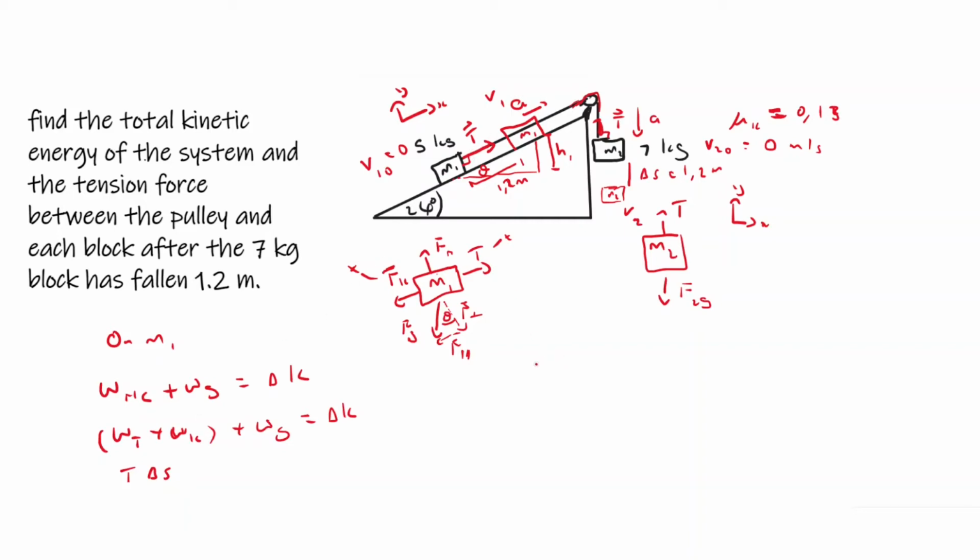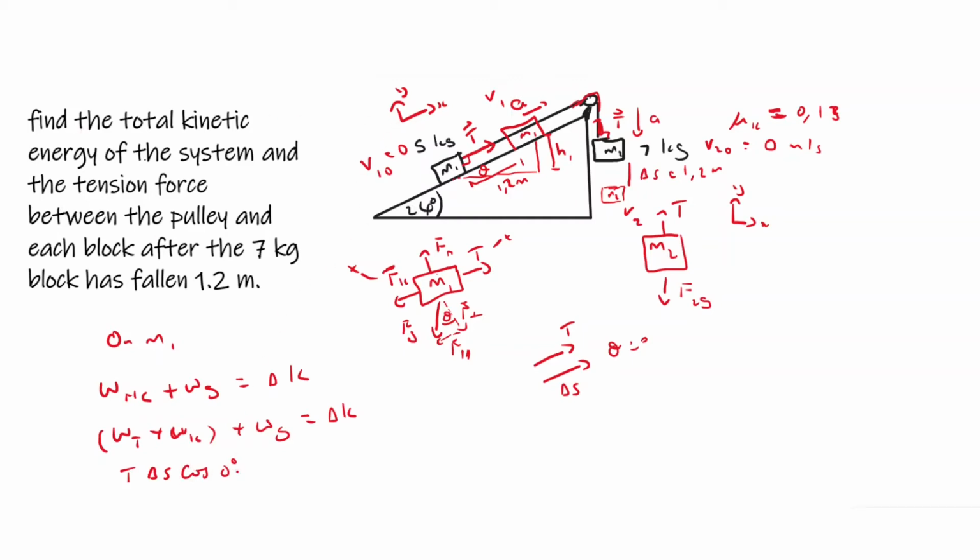Why? Because T is facing that way, and also delta s is facing that way. So you can see that they are parallel to one another, which means that theta is going to be 0. So I was supposed to have cos of the angle here, which is, sorry, it's going to be 1, it's cos of 0 degrees, which is going to be 1.